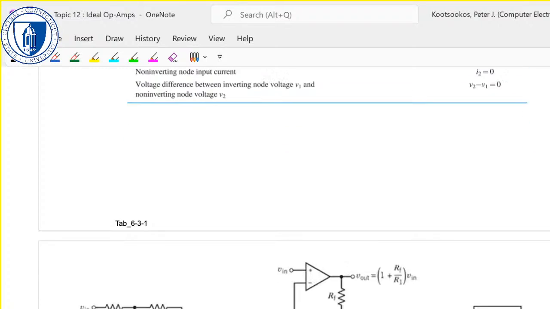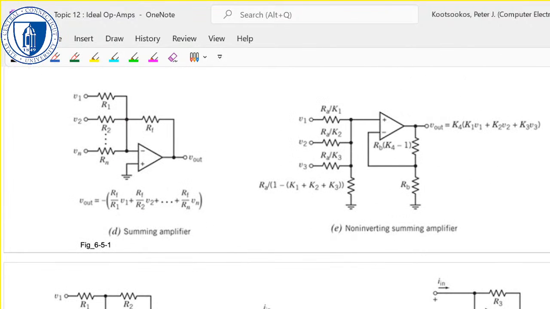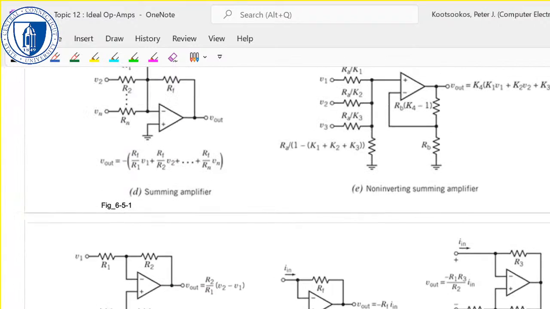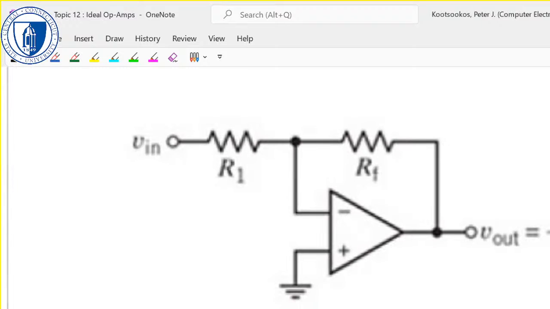Now, there's lots of ways to use these devices. The standard way is just as an inverting amplifier. And I apologise for the pixelation of that, but apparently I didn't get a very high resolution version of this.